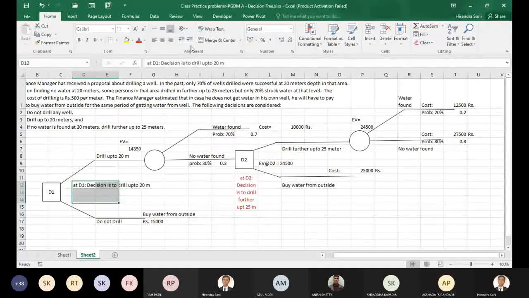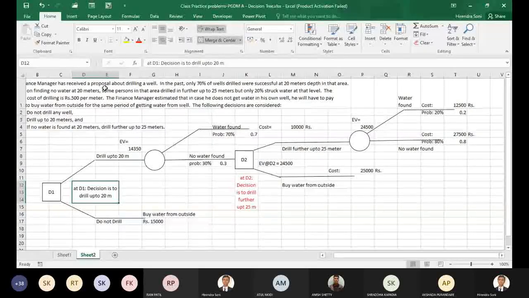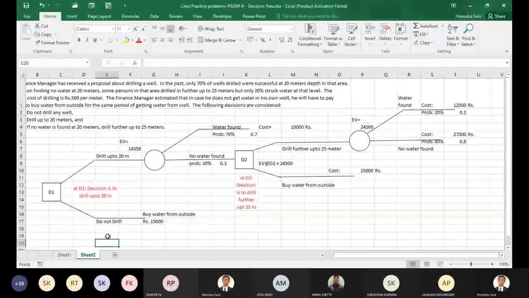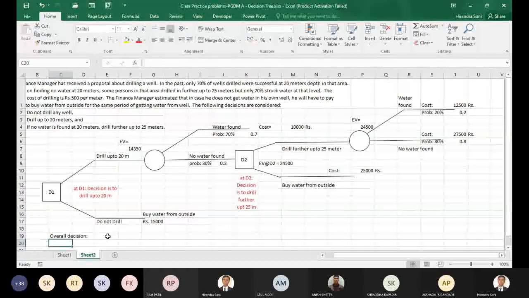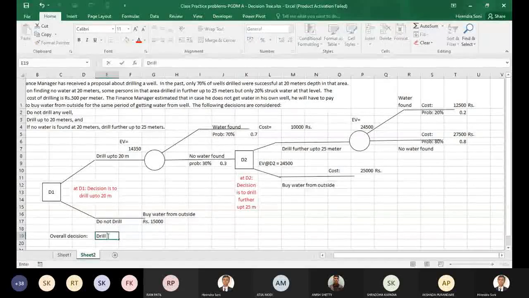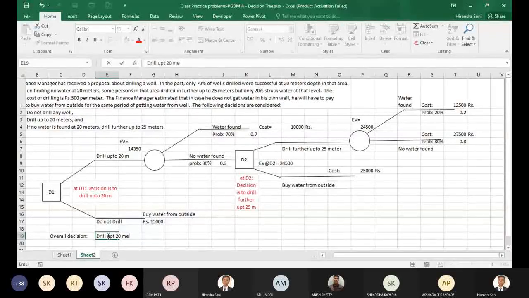Are we clear? So overall your decision would be to drill up to 20 meters and then if no water is found, then drill up to 25 meters.